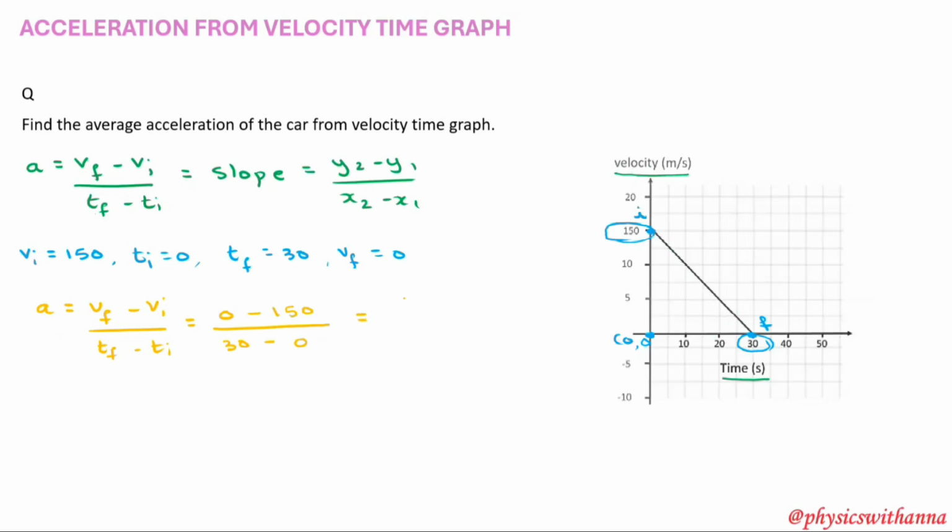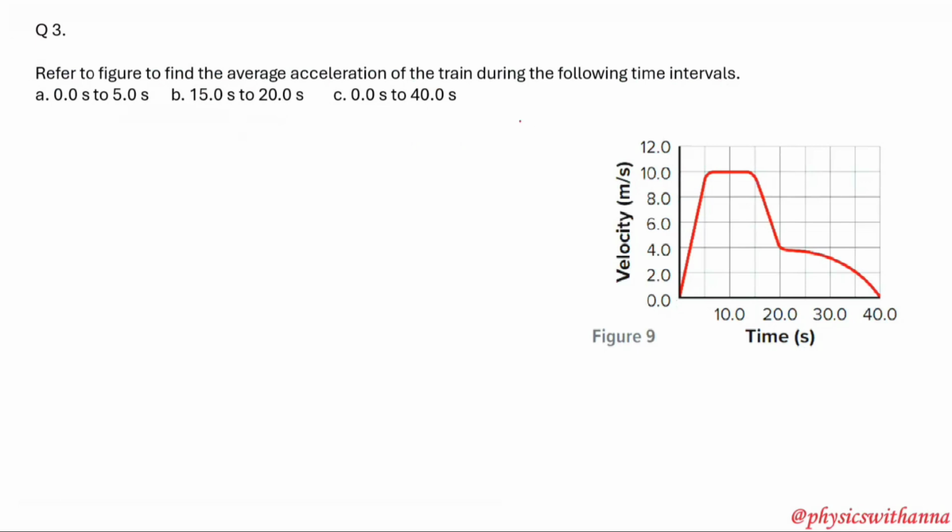When you put this in the calculator, you get the answer to be minus 5 meter per second squared. Meter per second squared is the unit of acceleration. You need to write it with all the values. Minus sign here represents the direction. Acceleration here is negative.